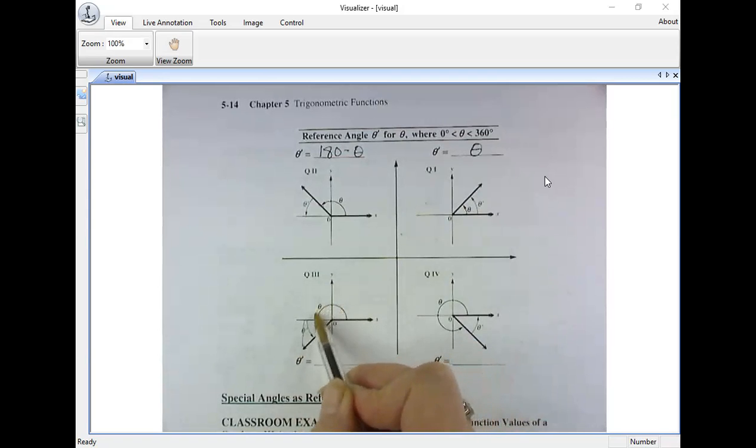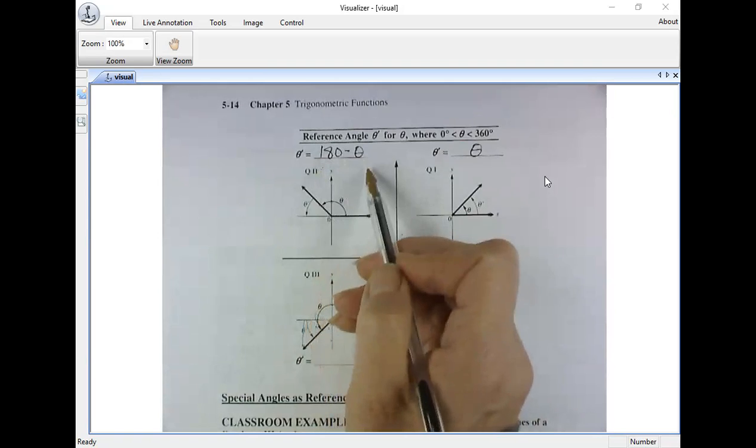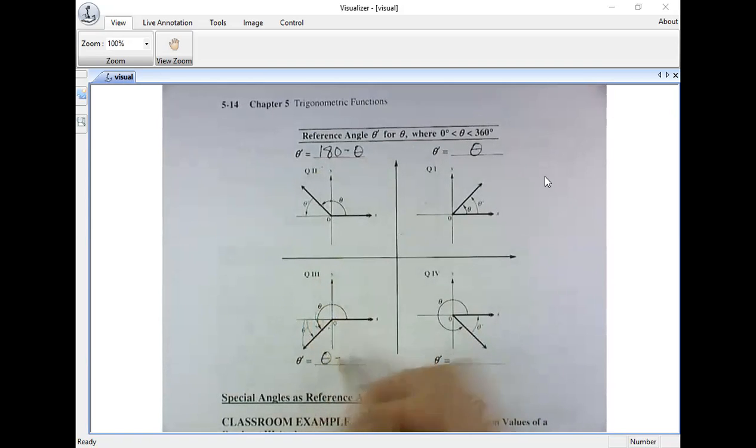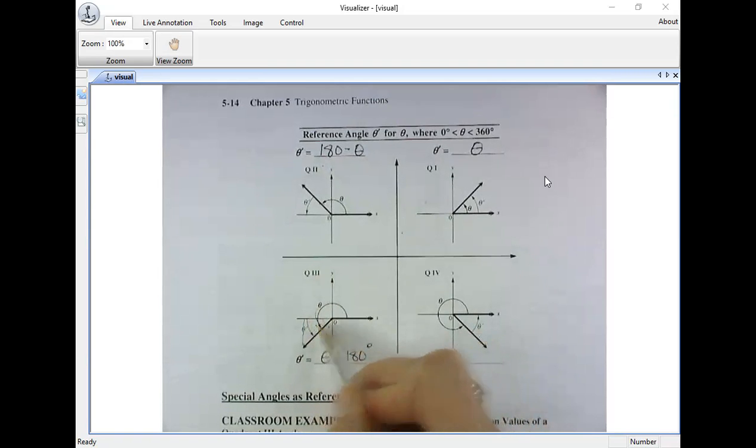This is my whole angle theta, so it might be something like 200 or 210. How would I get just this part? Subtract 180. So instead of 180 minus the angle, you would do the angle minus 180, because I've gone past 180, and then if I take 180 out, it'll give me this part right here.